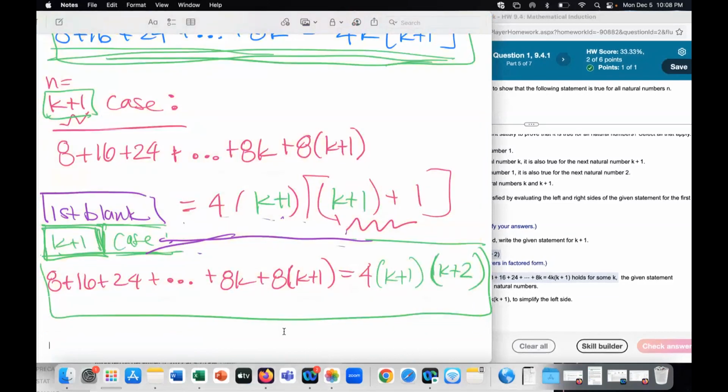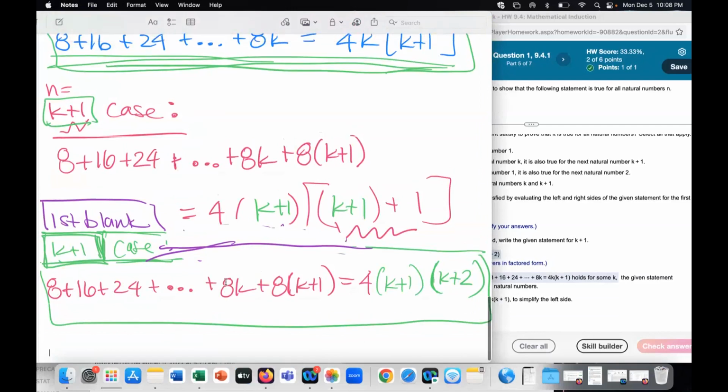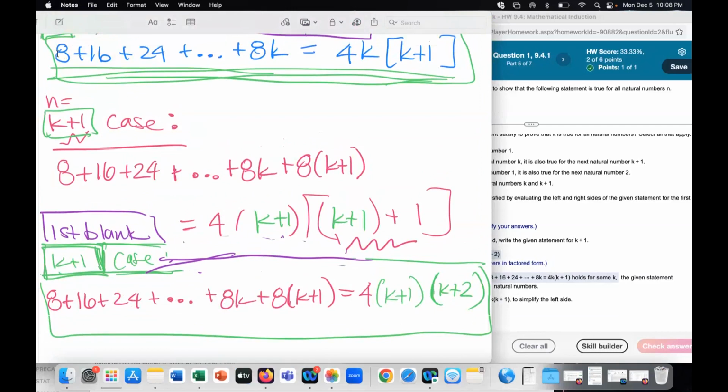On the left side, and this is why I like to write it out the way I do and drop everything down like I do, if you look at what's going on over here, we have 8 plus 16 plus 24 plus dot dot dot plus 8k. That is the same as our entire k case, right?